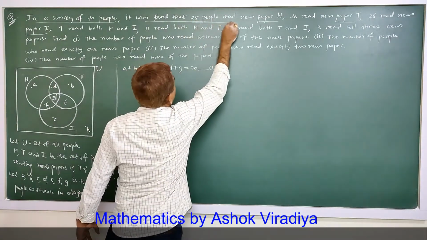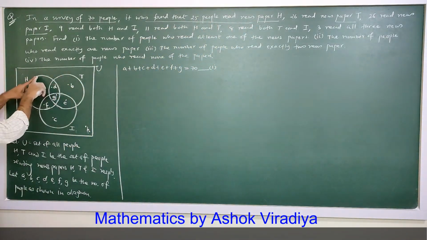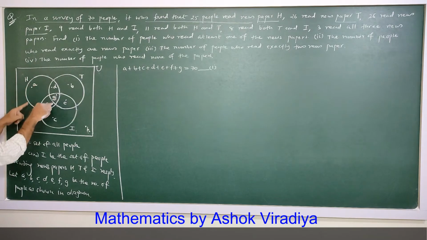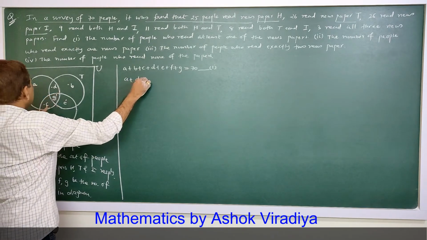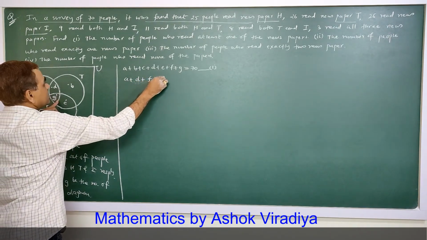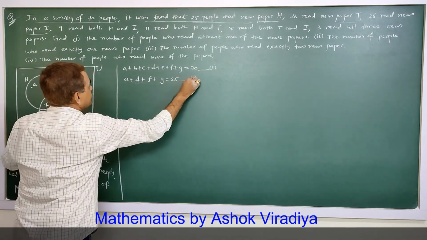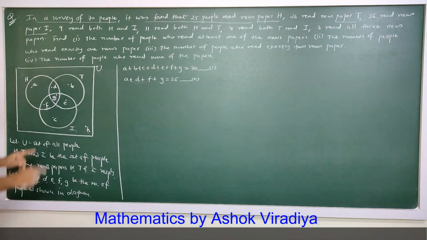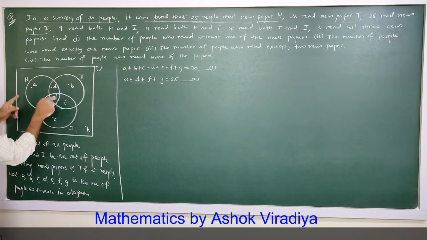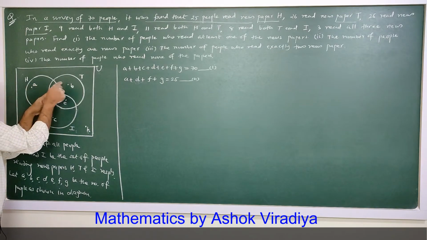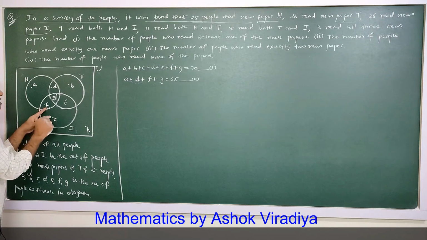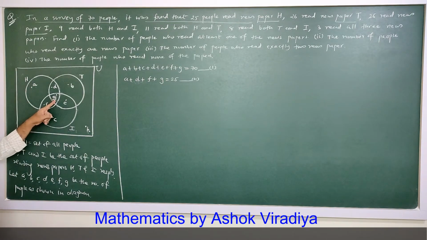25 people read newspaper H. So A plus D plus F plus G is 25. 25 read newspaper H. It does not mean that they do not read any other. In these 25, there are some people reading H only, some reading H and T only, H and I only, and all three papers.